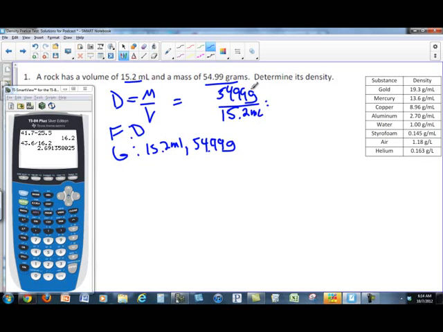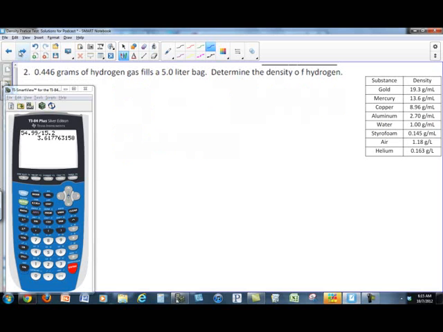And when I do that, 54.99 divided by 15.2 gives me a big long string of numbers, but let me see, I've got 3 sig figs here, 4 sig figs here, so in my answer I want 3, so it's 3.62 grams per milliliter.